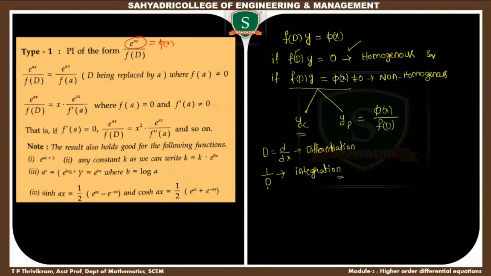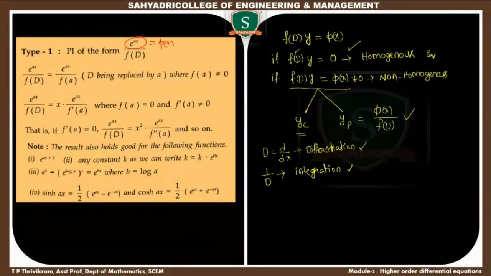So 1 by D represents integration and D represents differentiation. You have to remember these two notations. We use 1 by D in the particular integral, and D in the complementary solution. So this is the outline of how to solve non-homogeneous equations. Now let us come to type 1 equations.